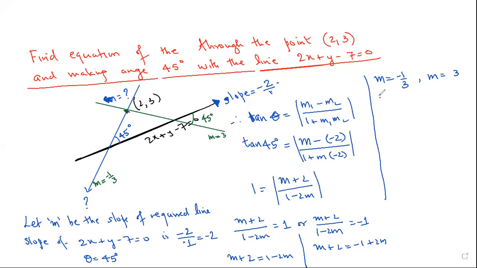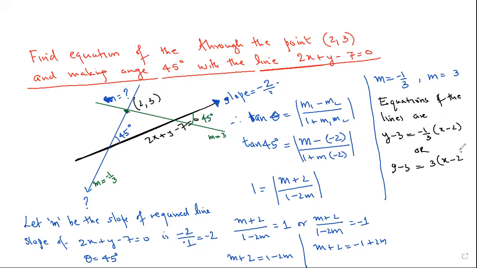So now you can find the equation of this line and of this line also. The point is (2, 3). So y minus 3 is minus 1 by 3 into x minus 2, or y minus 3 is 3 into x minus 2. Now solve them and get the final answer.